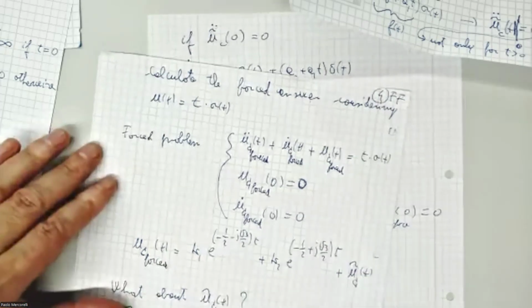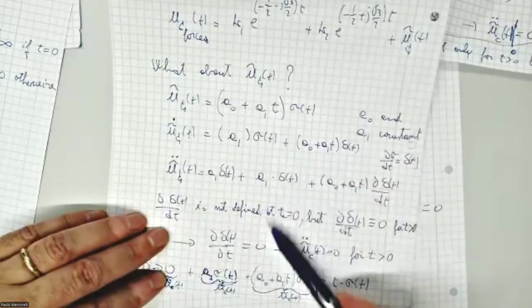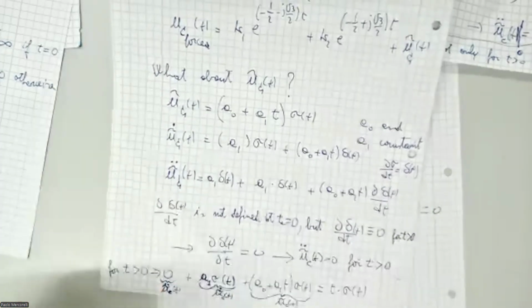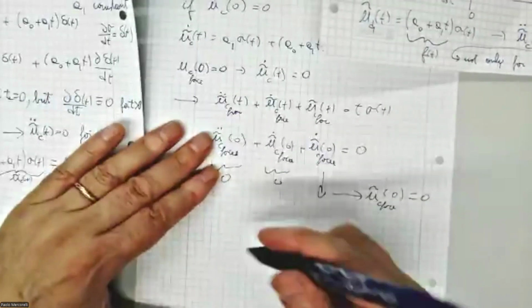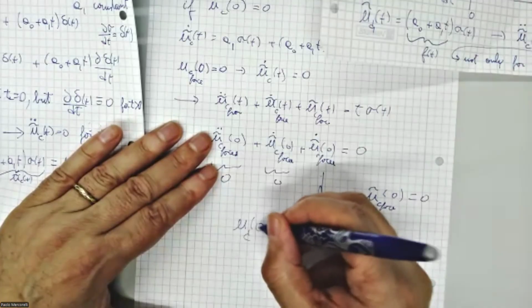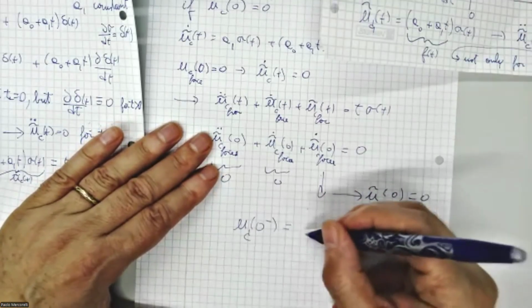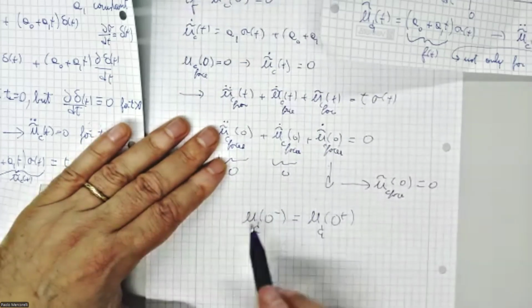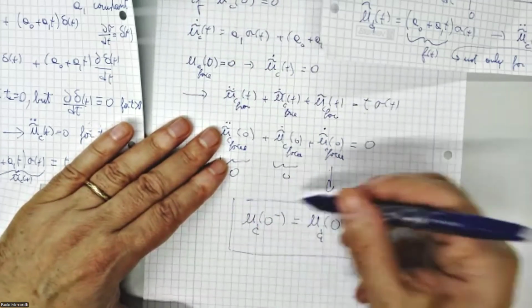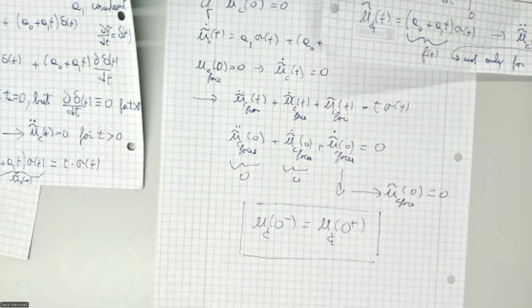This implies, if you consider what I told you here with this sigma, which makes the difference between 0 minus and 0 plus, that between 0 minus and 0 plus we don't have any changes in the initial conditions. We have a continuity. In general. I will come back on this topic because this is just an introduction.